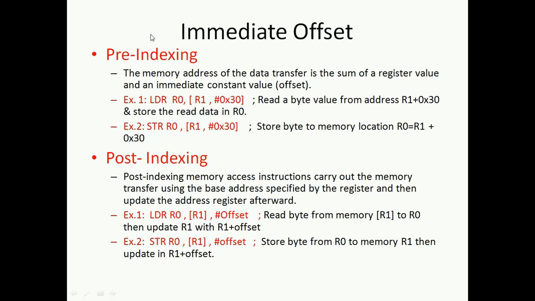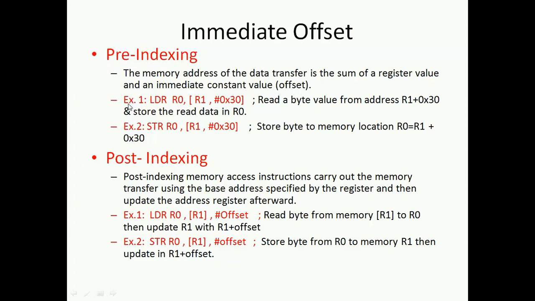Those are named pre-indexing immediate offset addressing mode and post-indexing immediate offset addressing mode. In the case of pre-indexing, the memory address of the data transfer is the sum of the register value and the immediate constant value, which is known as the offset value.